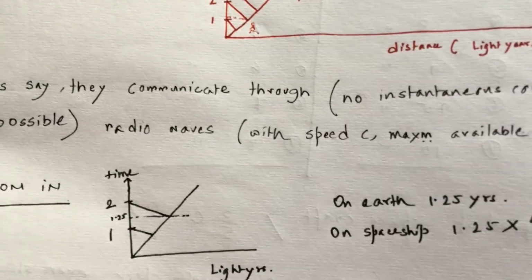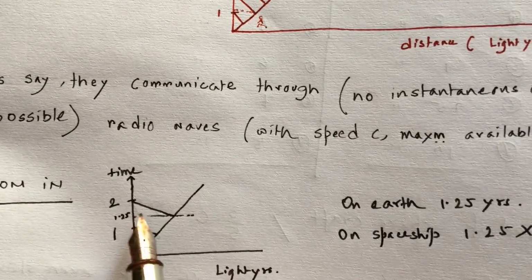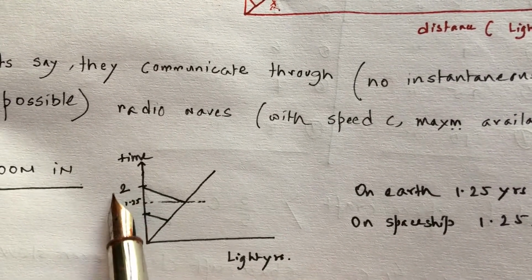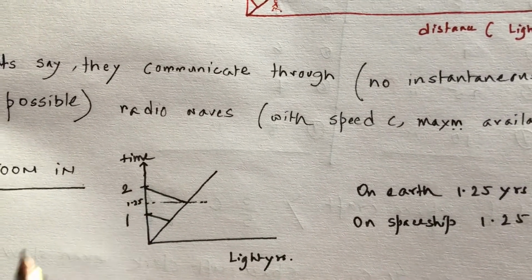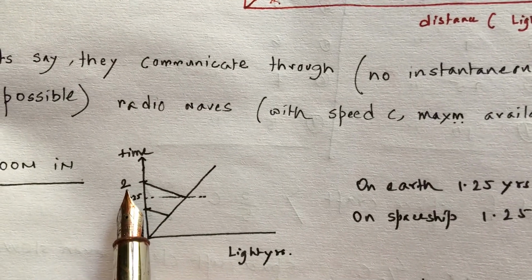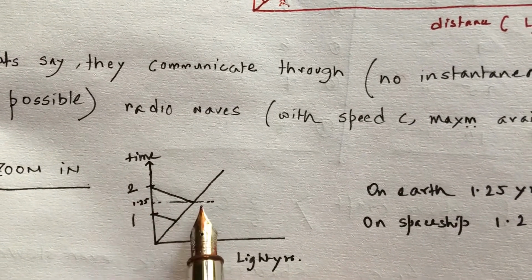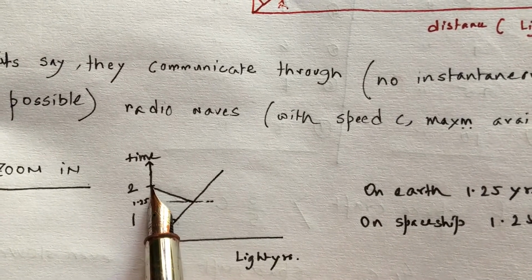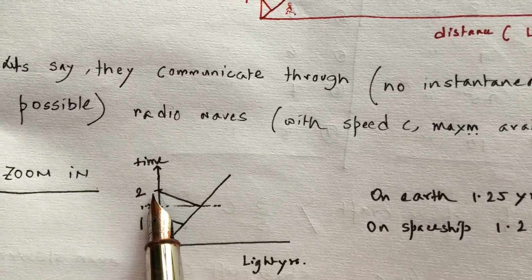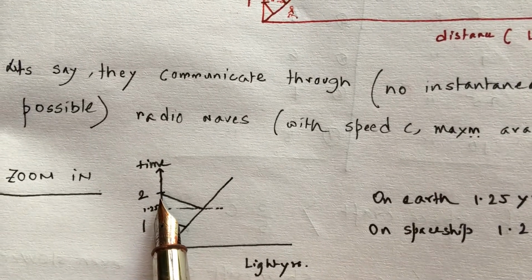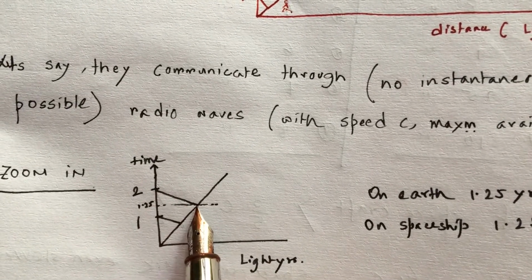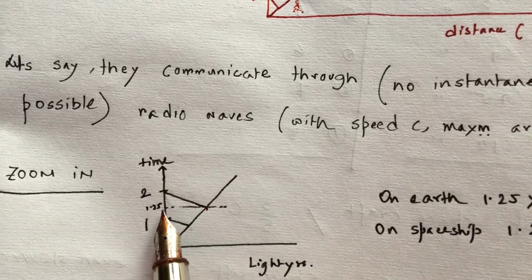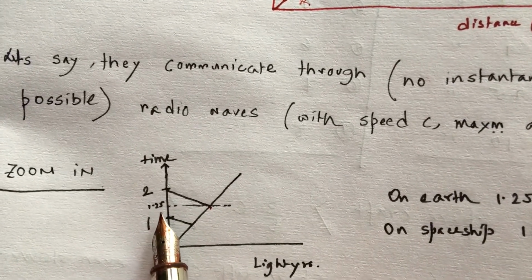So here, we can see that the age of the twin on Earth is now 2 years, and the corresponding time when that signal, where he sends a signal that now I am 2 years old, reaches the twin on the spaceship corresponds to 1.25 years.